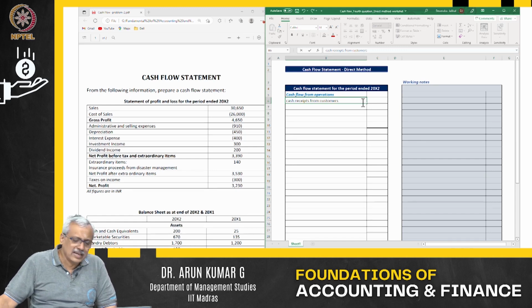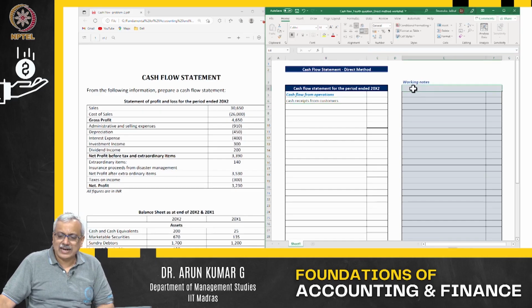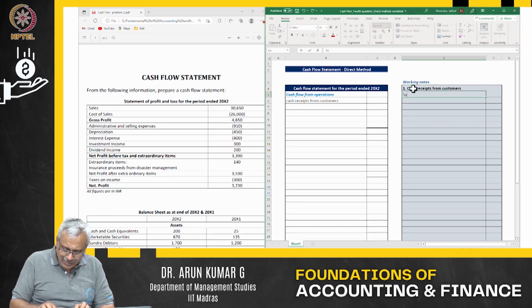If you look at cash receipts from customers, let me term it as one, cash receipts. What are we looking at in this particular case? We have sales.